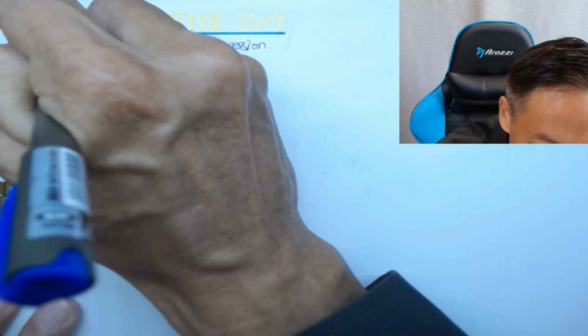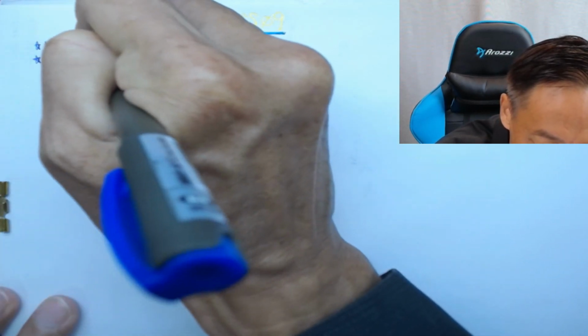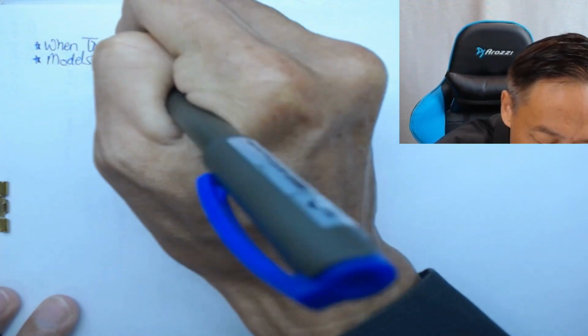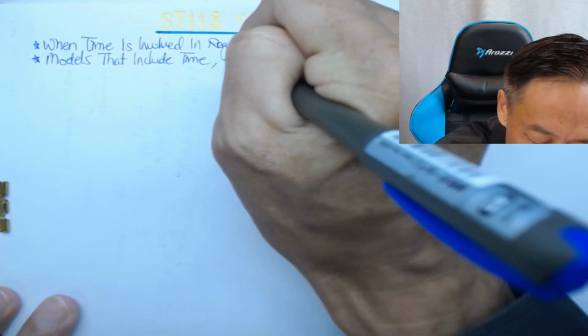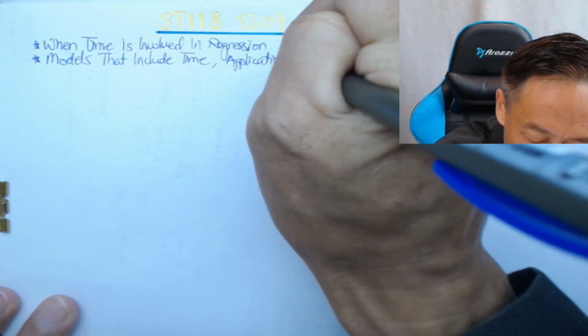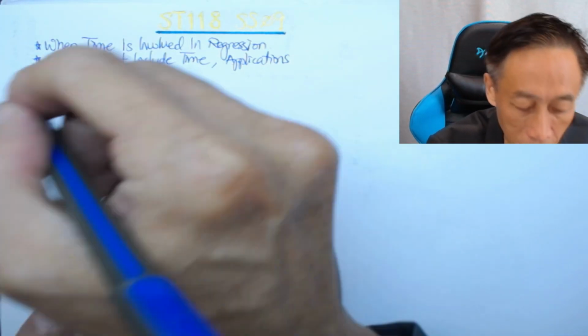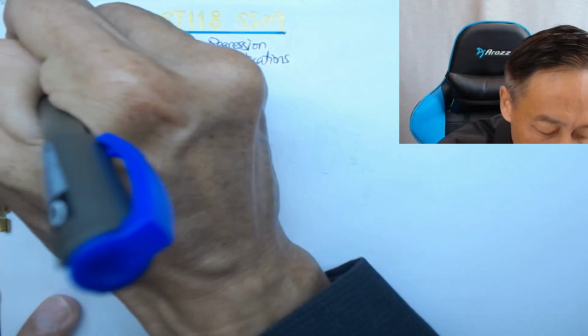Next we want to talk about the models that include time. Applications. These might be examples to see how they play a part.